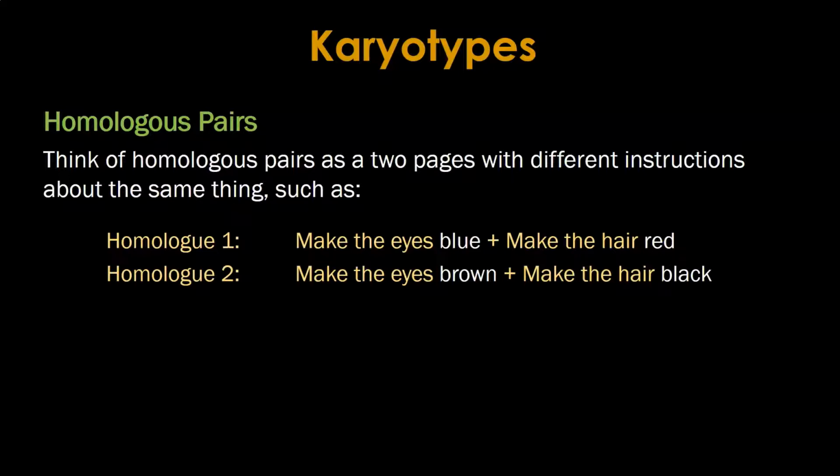So homologue 2 might say, make the eyes brown and make the hair black. So now we have conflicting instructions. We've got two sets of instructions about the same thing, but they may not give the same instructions for those things. And that, I hope you can see, introduces a very interesting dimension to understanding genetics and understanding how parents have offspring who look similar to them but not the same.